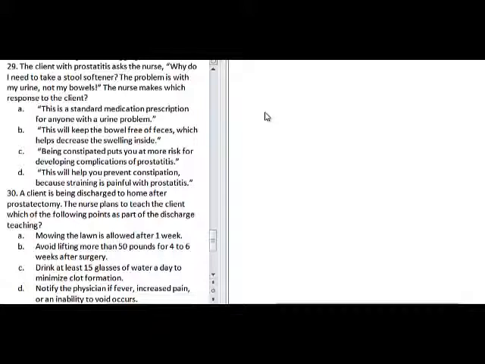Next. Number 29. Client with prostatitis asks the nurse, why do I need to take a stool softener? Problem is with my urine, not my bowels. Nurse makes which response to the client? So, client has prostatitis, and we all know that prostatitis will experience pain on defecation.